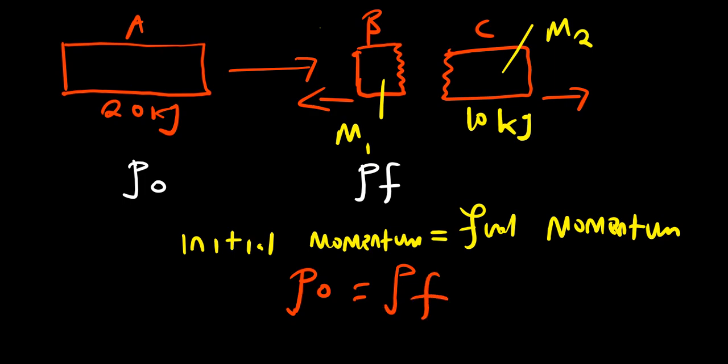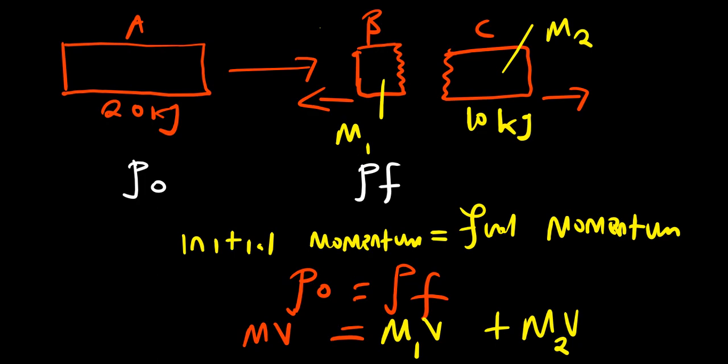Our P initial, we've said, is mass multiplied by velocity. Therefore our final, after the two masses have been hit, is going to be mv plus mv, because we've got two bodies. This one we said is mass 1, this one mass 2. Then let's say this one is the velocity for the first one, this is the velocity for the second one.